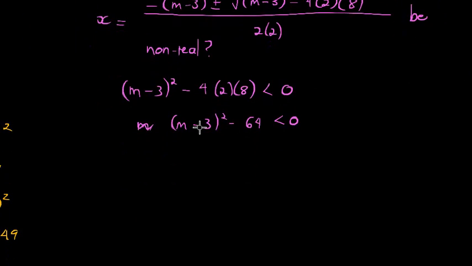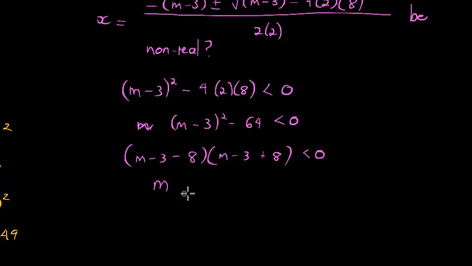Now notice this is the difference of 2 squares. It goes into 2 brackets, one with a plus, the other with a negative. What gives me 64? 8 times 8. And whatever is under the square root comes in here, so m minus 3, not m plus 3. It's just the 8 that gets a plus minus. So that must be smaller than 0.